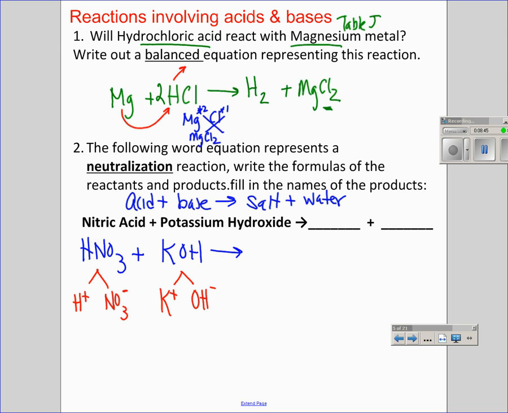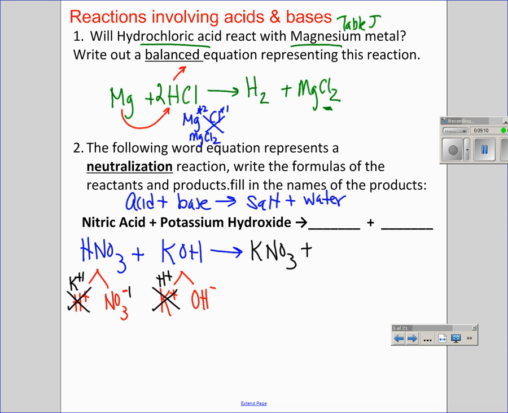Now, when we do the wife swap, we actually physically cross out the positives and change their places. Now, when we go to write our new formulas, we have plus 1 minus 1, which is an even proportion. So we know we have 1 K and 1 NO3. And then the same thing here.